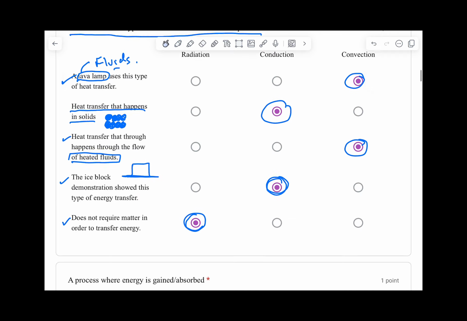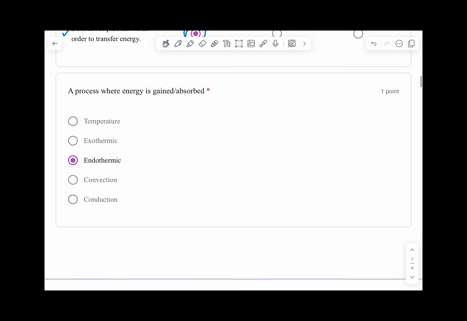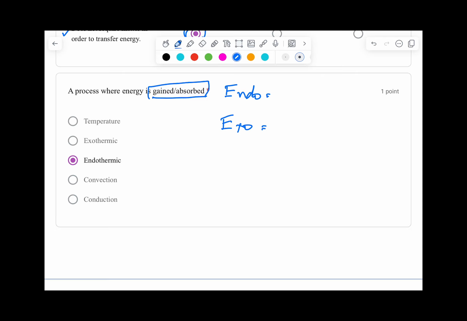All right, next question. So this is a vocabulary question right here. A process where energy is gained or absorbed. Well, your two prefixes are either going to be endo or exo. And I always remember it by using exo because I think this is the easier one to use.